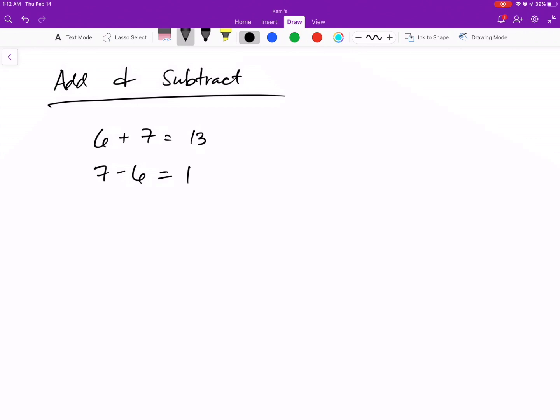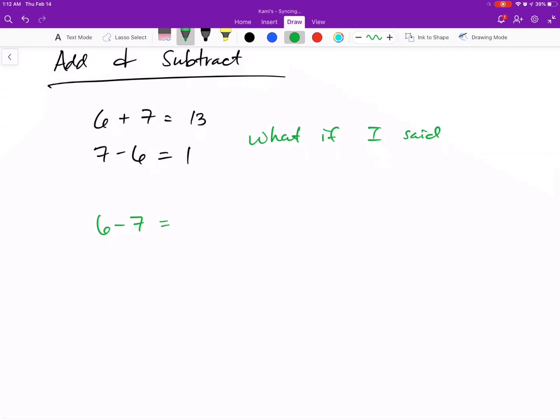Now it gets a little bit difficult. What if I said 6 minus 7? What is this?